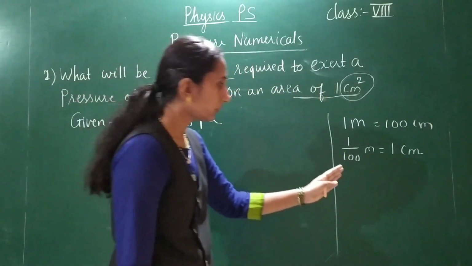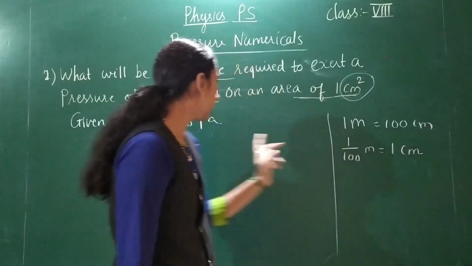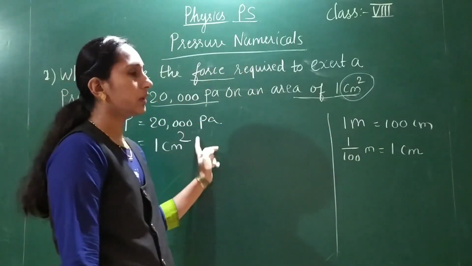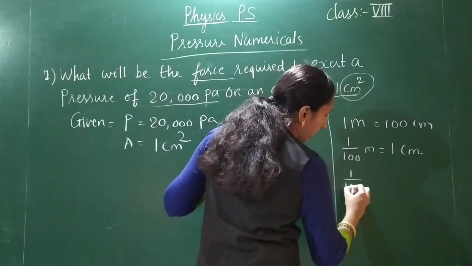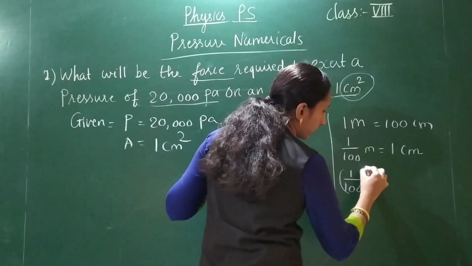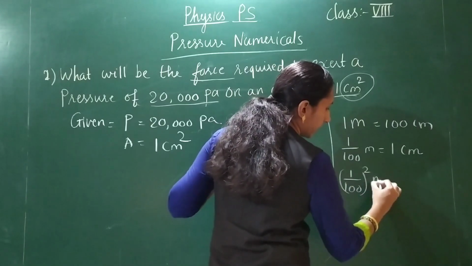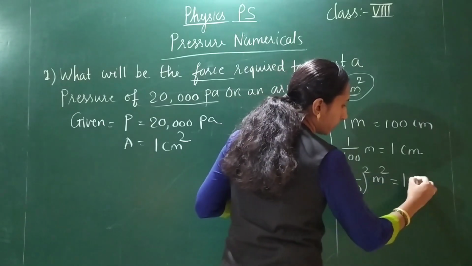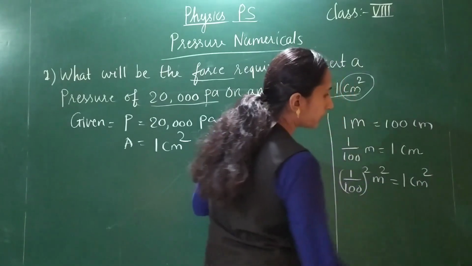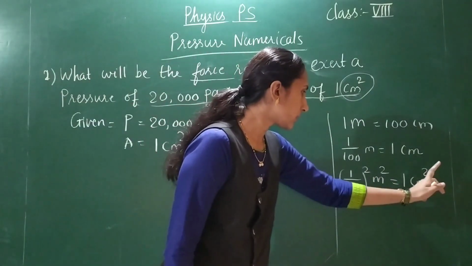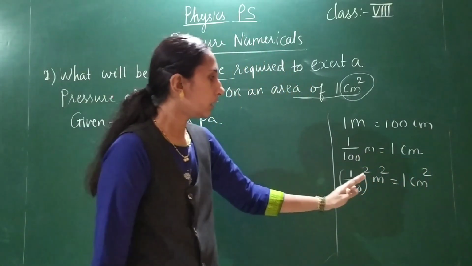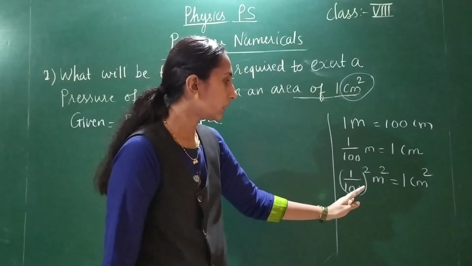Now, 1 centimeter square is given, so square the equation. If you square this, what will you get? 1 upon 100, squaring both sides: 1 upon 100 square meter square equals 1 square into centimeter square. So what did you get?